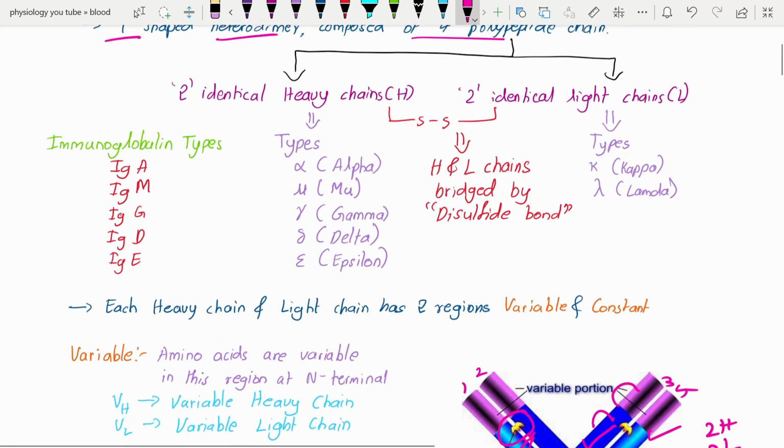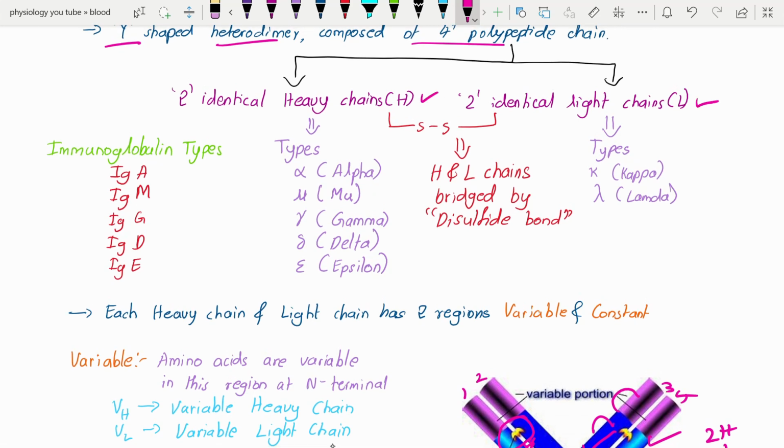And these heavy chains and light chains are divided into different types. The heavy chains are alpha, mu, gamma, delta and epsilon. Based on these heavy chains, immunoglobulins are classified into different types, and the name of each immunoglobulin type is given based on the first letter of the heavy chain type.